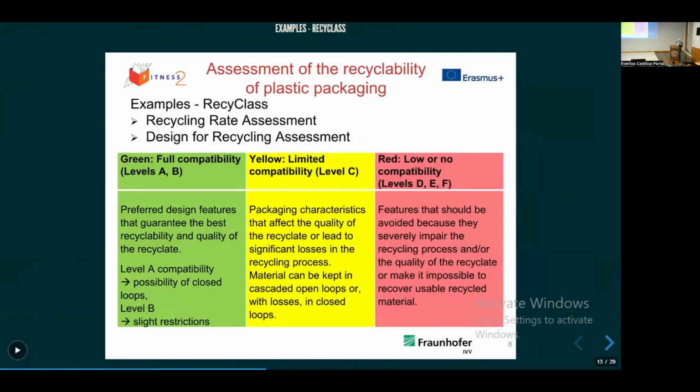We have the most elaborate recyclers classification, which is, let's say, the standard today. Here we have levels A or B, which may be leading to closed loops, possibility, slight restrictions, and we have the other classifications going down to level F, which is not usable for this kind of recycling.